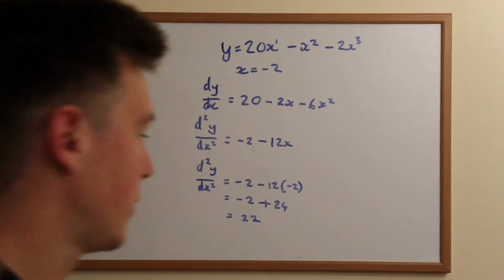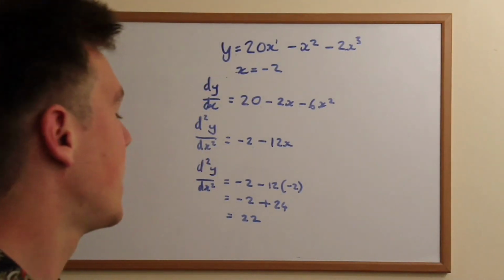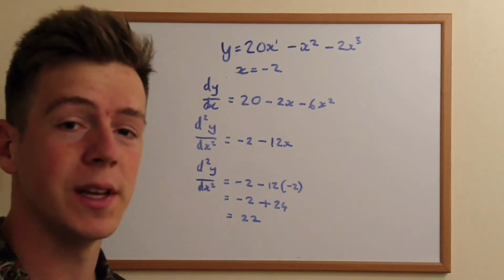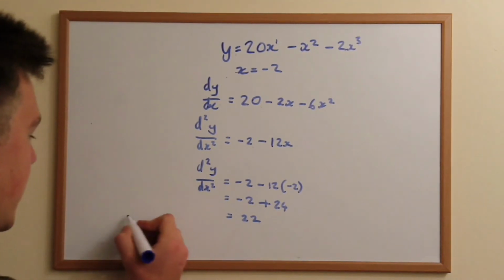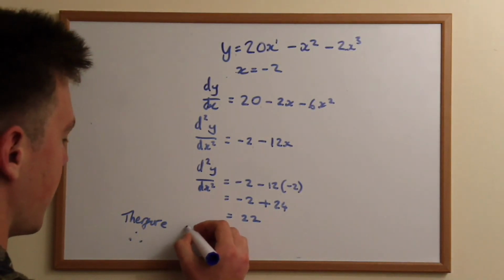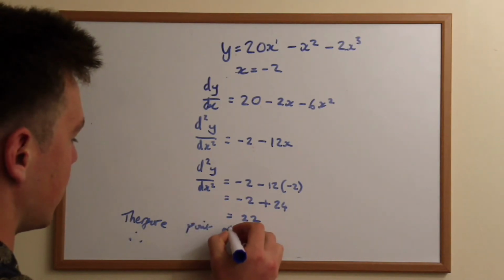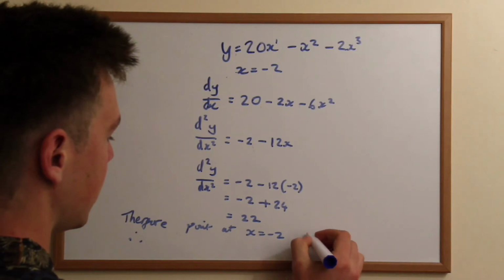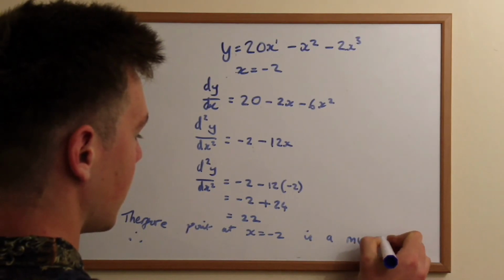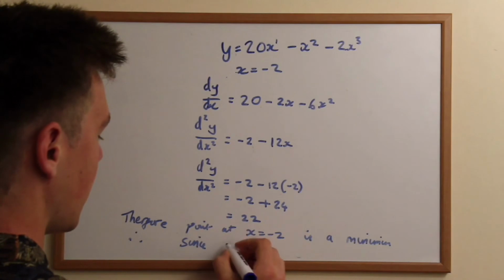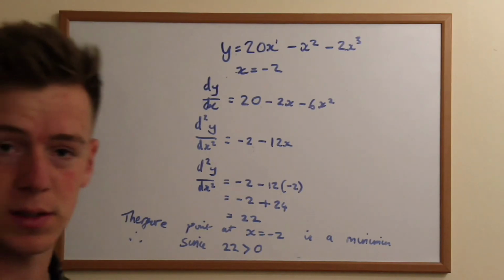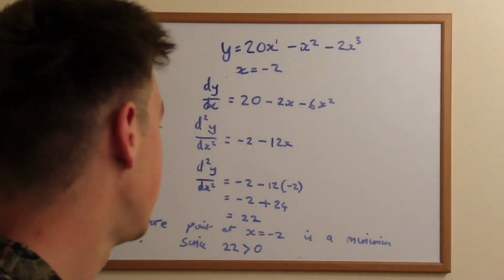So we know from the previous graphs that if we have a positive d2y by dx squared, it means that the point is a minimum, which you can say, therefore, point at x equals negative 2 is a minimum, since 22 is greater than 0, and it's very important that you state that the value is either greater or less than 0.